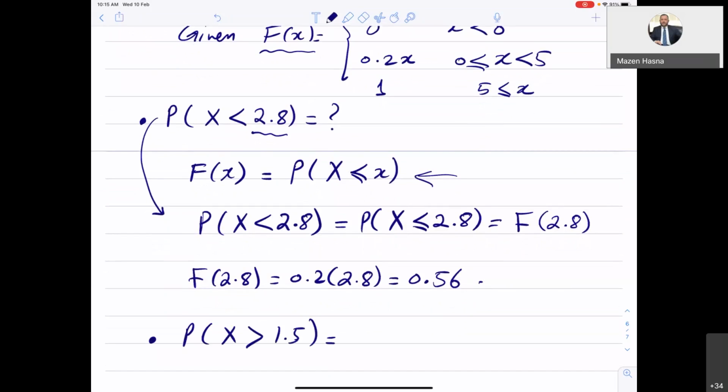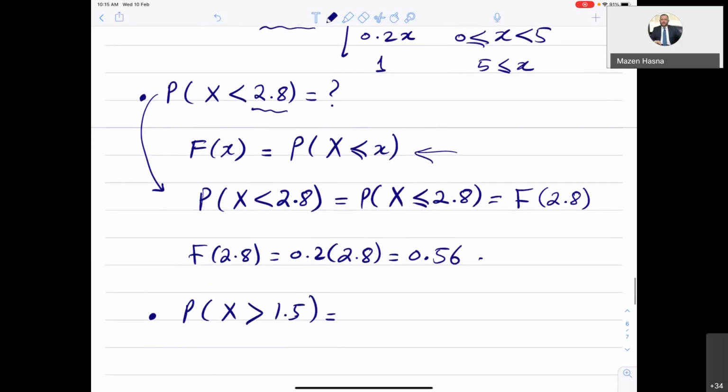This is greater than, not less than. Remember the rules of probabilities? So the probability of x greater than 1.5 is the complement of what? This is 1 minus the probability of x less than 1.5, right?